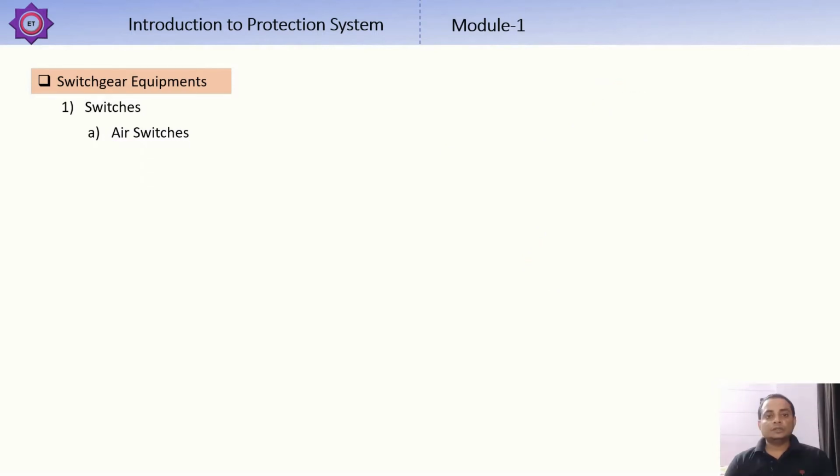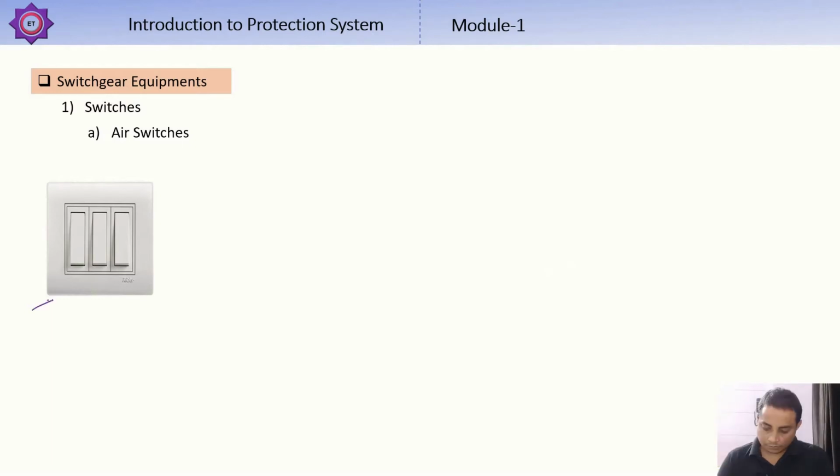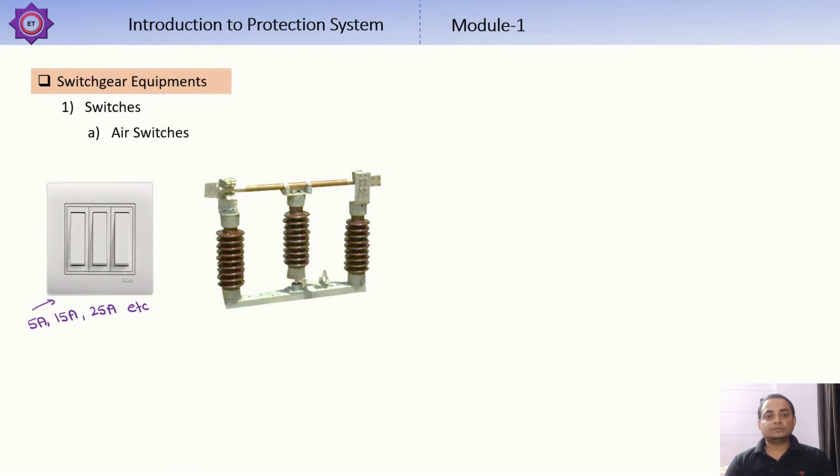Now, air switch. This one is an example of simple air switch which is widely used in our houses and having rating of 5 ampere, 15 ampere, 25 ampere and more. While this one is used in power substation.